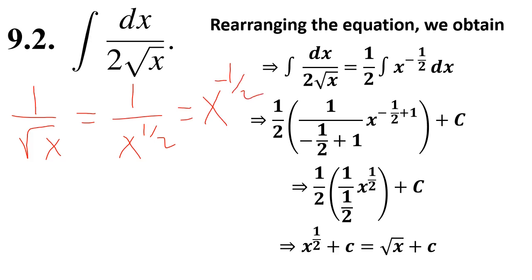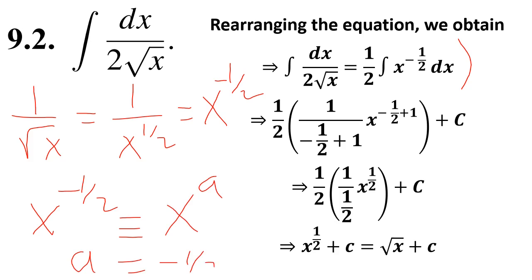So that is the reason why here we obtained half the integral of x to the negative half dx. And from there you can apply your integration formula, since x to the negative half now corresponds to our x to the power a, where a is equal to negative half.